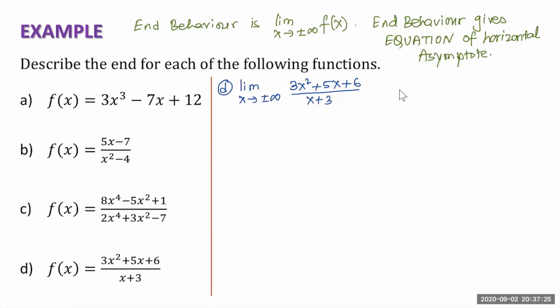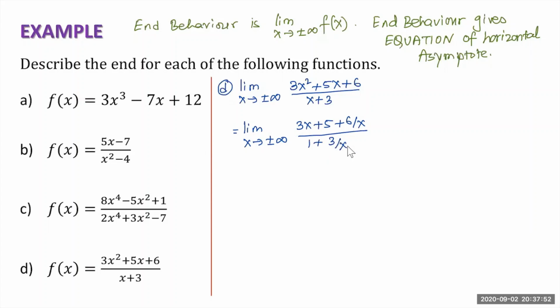So if we do that, let's see what we get. This is equal to the limit as x approaches plus or minus infinity. We are dividing by x, so that will be 3x plus 5 plus 6 over x, divided by, in the denominator, when I divide by x, 1 plus 3 over x.